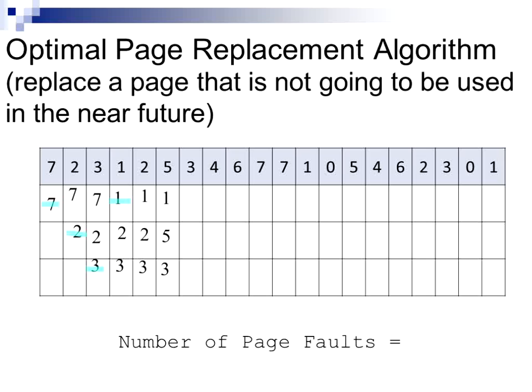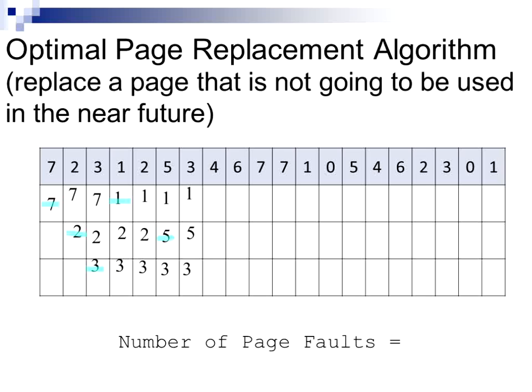Now the next page that's needed is page 3. Page 3 is already in memory, so I don't have to do anything. There's no page fault here. But now when I get to page 4 being needed in memory, I look ahead again and say, okay, which ones are being used next?